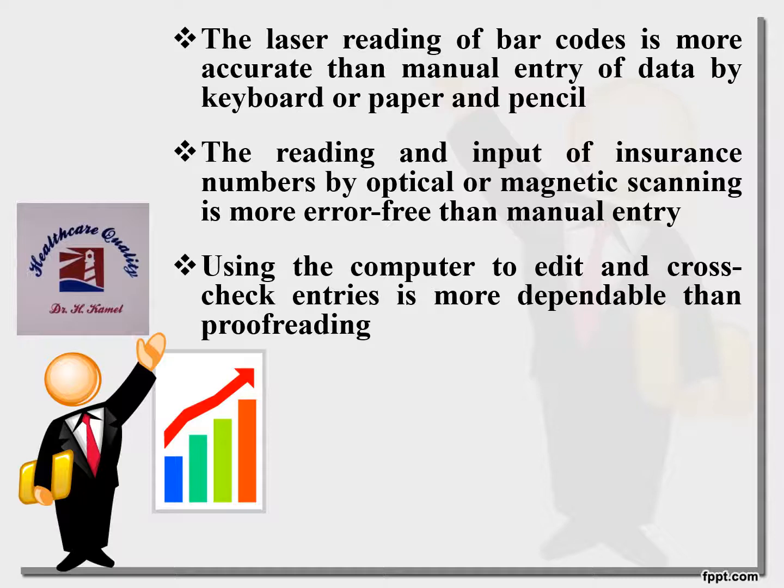The laser reading of barcodes is more accurate than manual entry of data by keyboard or paper and pencil. The reading and input of insurance numbers by optical or magnetic scanning is more error-free than manual entering. Using the computer to edit and cross-check entries is more dependable than proofreading.